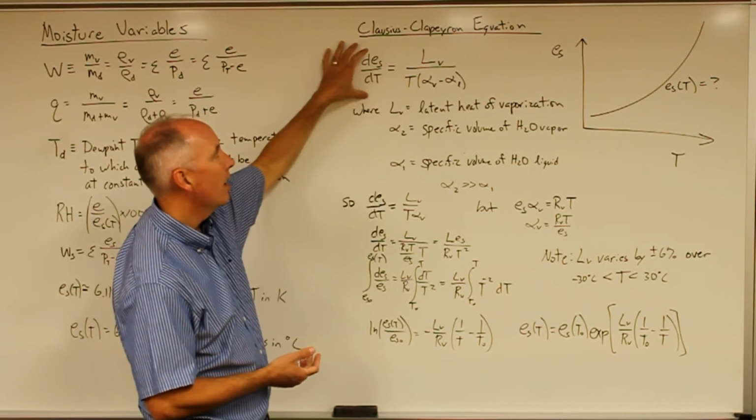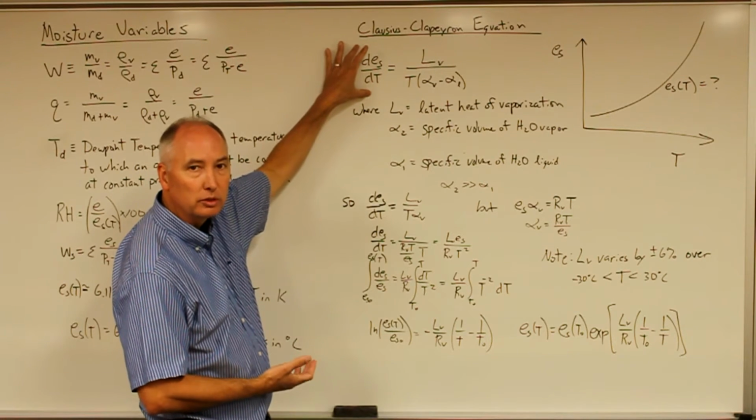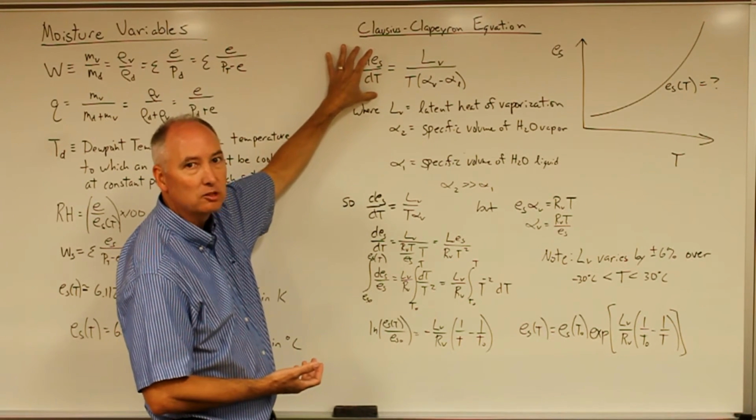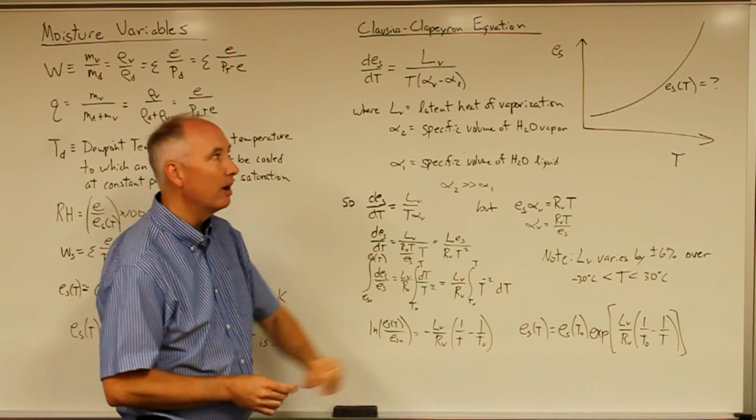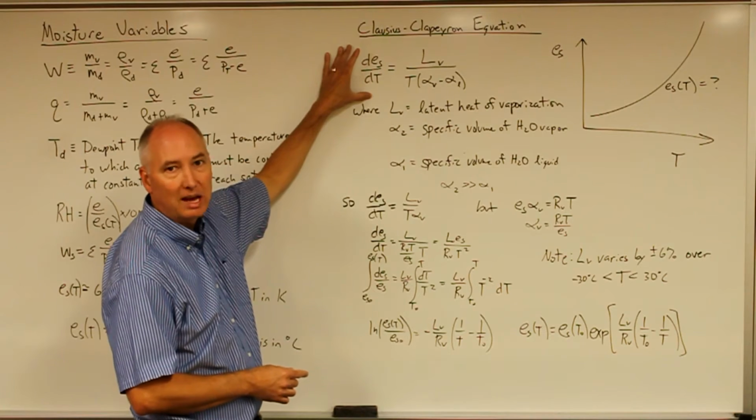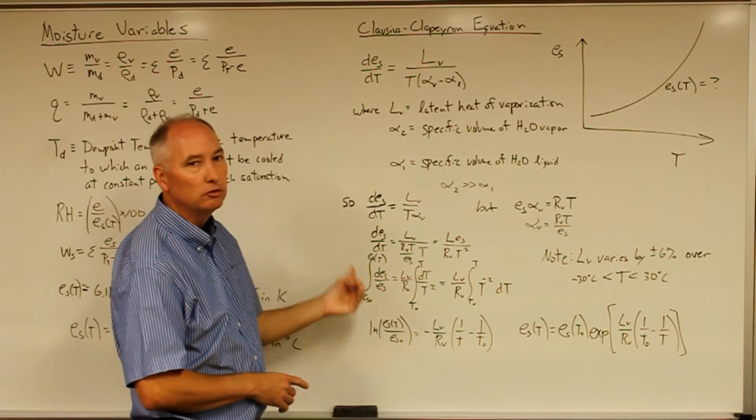Now, in order to derive the Clausius-Clapeyron equation, which we'll do in a later thermodynamics class, we would have to introduce the concept of entropy. I'm going to skip that for now. We're going to start with the Clausius-Clapeyron equation and then move forward.